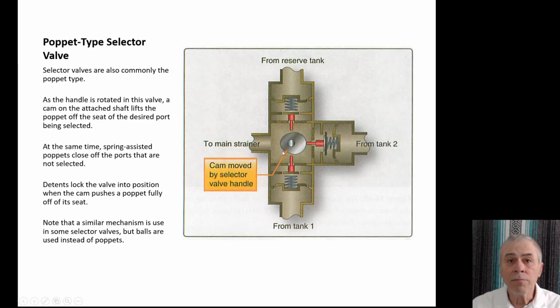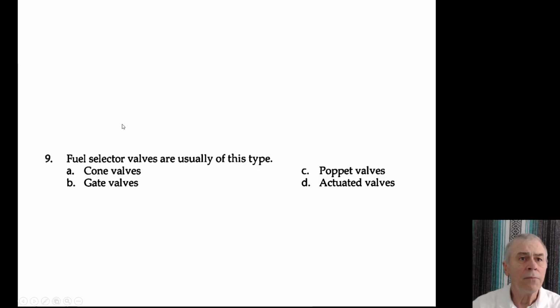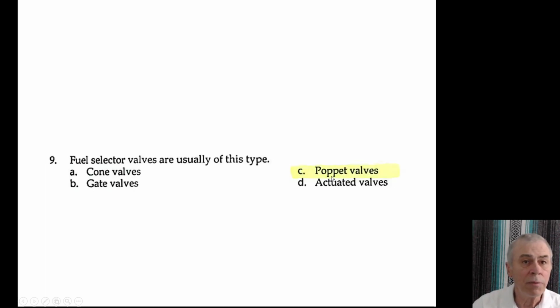So that's how the inside of a typical selector valve is operated, which brings us to the question: fuel selector valves are usually of what type? And poppet would be the actual type.